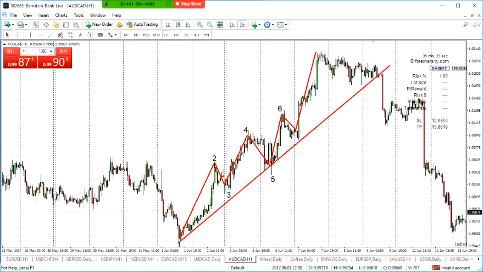So going through it again, you enter at point 1, looking to enter on a buy, and close your profits at point 2, the beginning of your retracement. The end of your retracement is the starting point of point 3. That's where you're looking to buy again, and you're looking to close at point 4. Because this is with the trend. We're not trading against trends. We're trading with your trend, not against your trend.